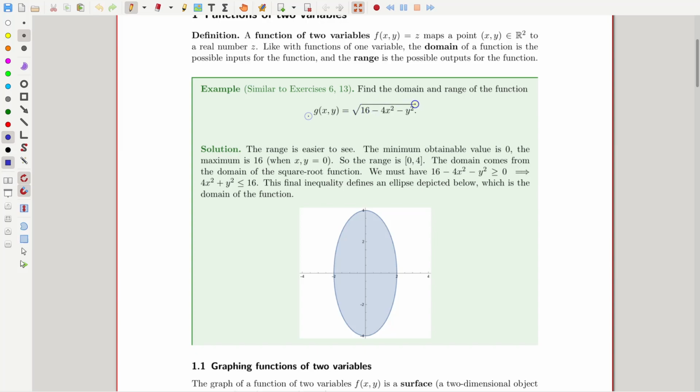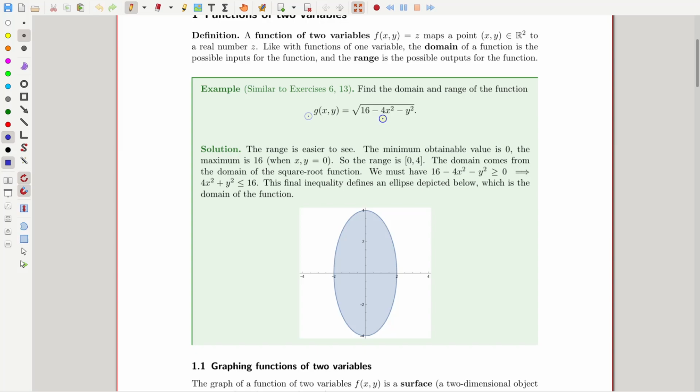So then you might ask, can we get 0 to come out? And the answer is yes. If we make x equal to 2, y equal to 0, then you end up with 16 minus 4 times 4, minus 16, and then minus 0. So you get 16 minus 16 inside, you get 0. So we do have a possible input that will give us 0.